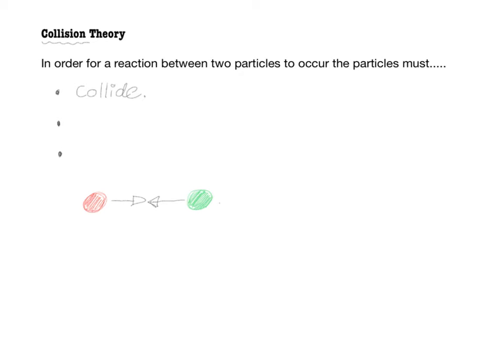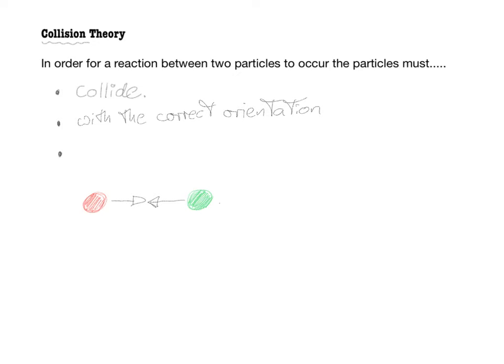That's not going to be a handshake. That's not going to be a successful reaction in that sense. So what else has to happen? Well, those hands have to meet. So not only do the particles have to collide, they need to do so with the correct orientation.